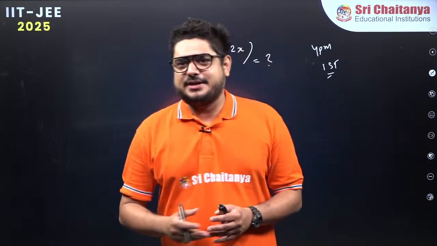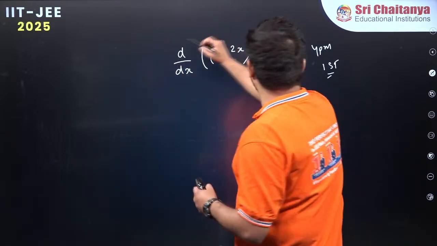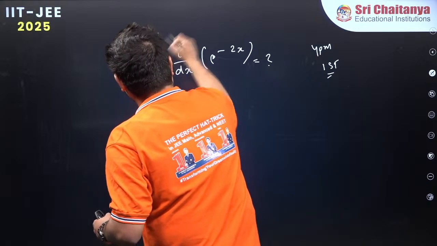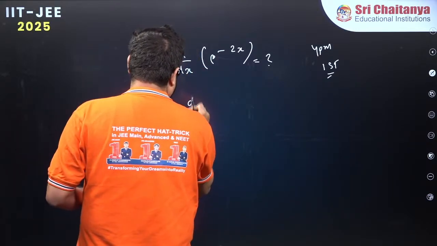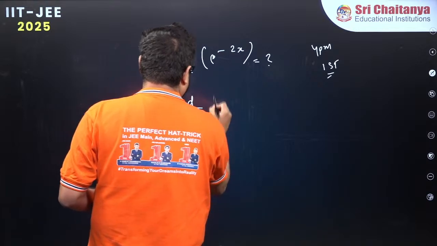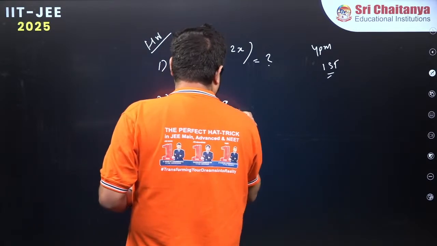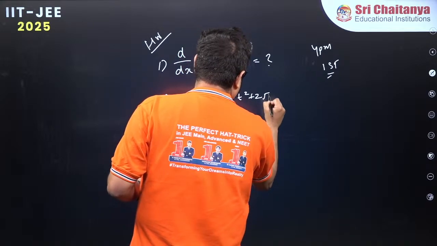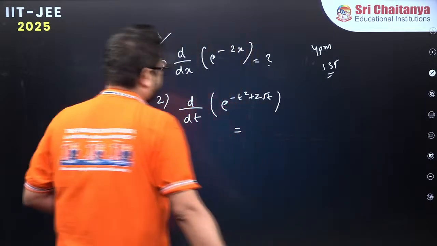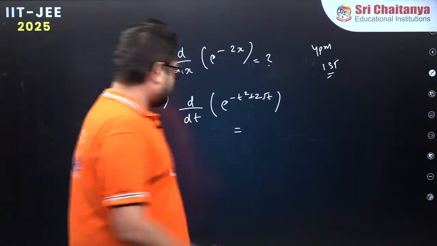So this is what you need to find out. This is your homework, everyone. Let's say this is the first question, and next question I am giving you that d by dt of e to the power minus t square plus 2 root t. These two questions are your homework.